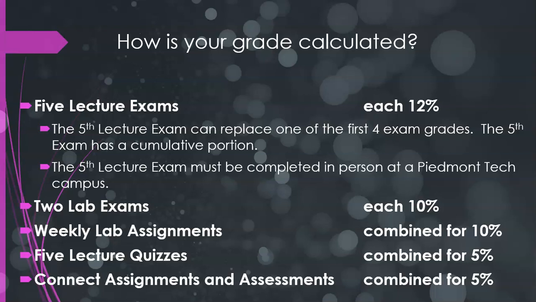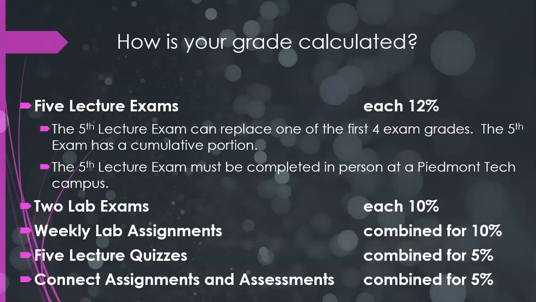Then you'll have 2 lab exams, and each of those is 10% of your grade. Okay, so that means altogether, these 7 exams will make up 80% of your grade. So most of your grade in this class comes from your exams. They are the most important things to be concerned about.